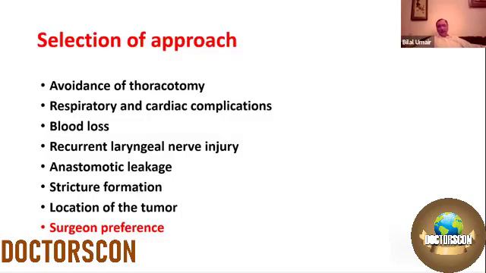Those who, on the other hand, would do the anastomosis in the chest would say taking it into the neck would cause recurrent laryngeal injury, anastomotic leakage, stricture formation, whatever. The tumor location would also dictate. But at the end of the day, it remained the preference of the surgeon, the training that he had done, and the institutional preferences, and people would adopt one single technique, and rightly so.